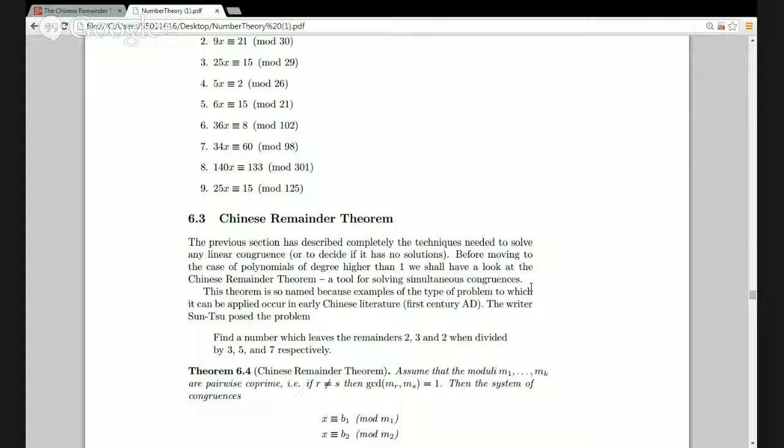So we understand linear congruences completely. We know when they have solutions, and when they do have solutions, how to identify all the solutions. We did some work in the tutorials this week with those.